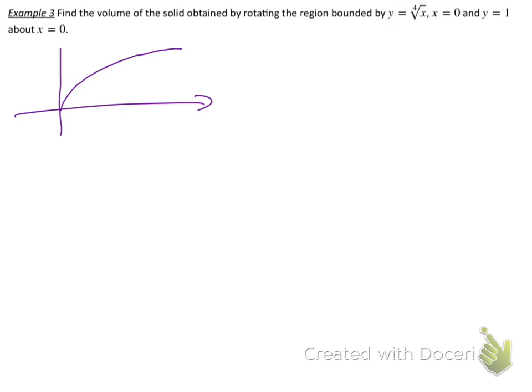And then we have x equals 0, which is the y-axis. And then, maybe let me use another color so we can tell apart. This is y equals fourth root of x. And this is x equals 0.